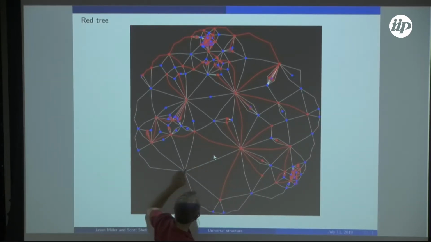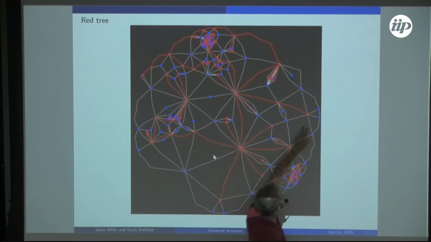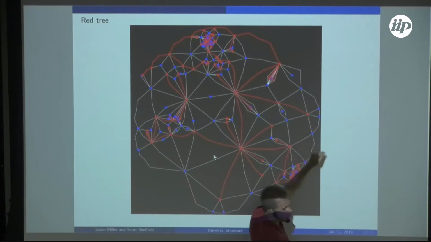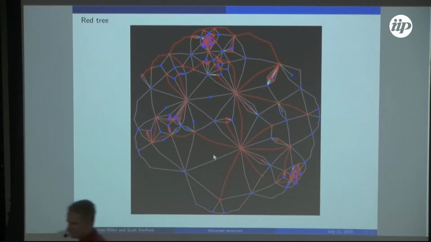if there's a quadrilateral where I don't include this edge, then I'm going to draw a blue edge which goes the other direction, and that'll be like the dual tree. Okay, so it's a quadrangulation, but it's a special one because it has a tree and a dual tree pair. And I set up the boundary conditions in a certain way, so I have a red boundary branch and a blue boundary branch, and then there's a path that goes in between the two trees.